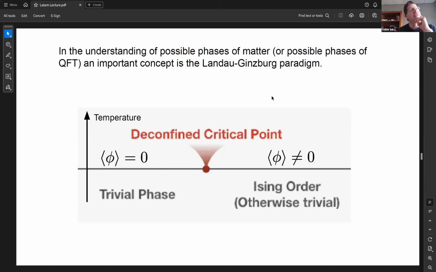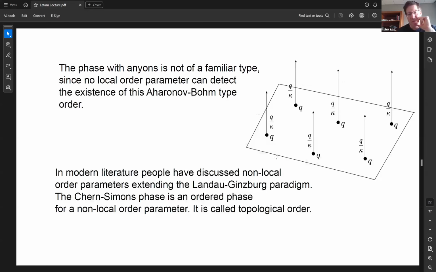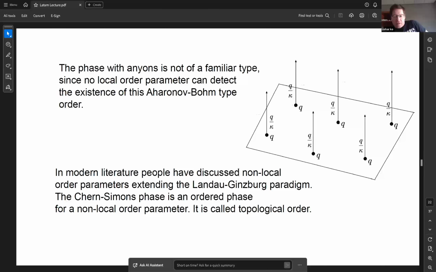It's basically saying that we can detect ordered phases by local order parameters. Now, the theory of anyons violates the Landau-Ginzburg criterion. So what was the Landau-Ginzburg criterion? The criterion was that we have phases like liquid or solid.